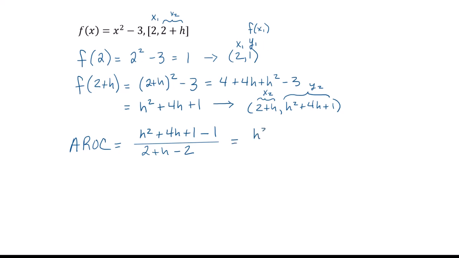So this is h squared plus 4h over h. Now that I have it down to this, I see my h squared and my 4h can both be divided by h. So I take one more step and I get my average rate of change of h plus 4.